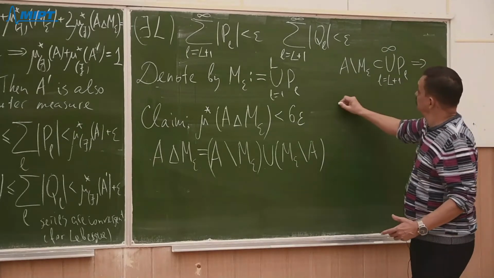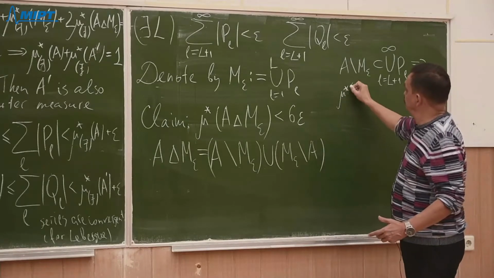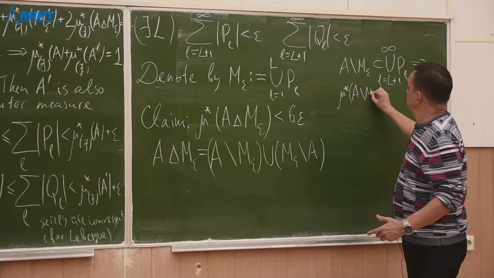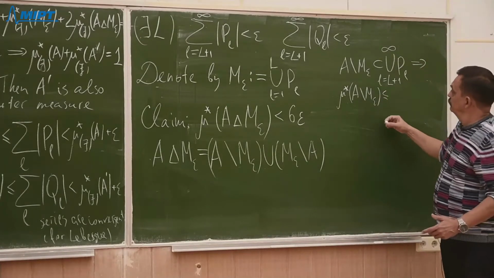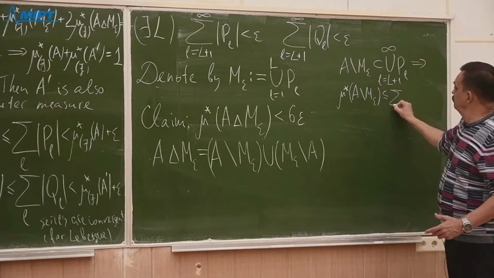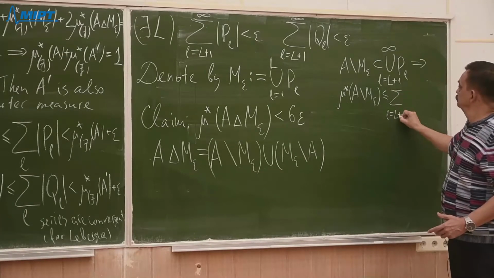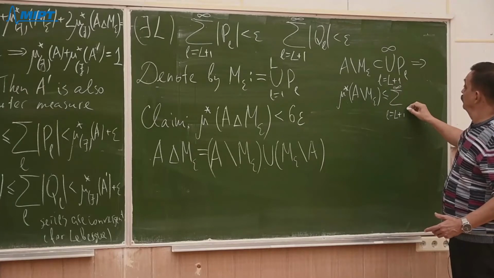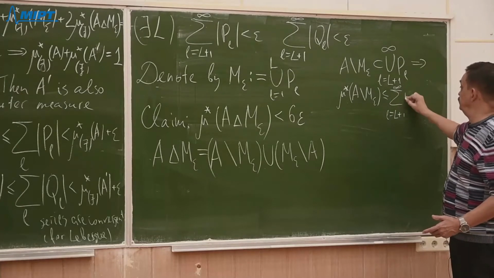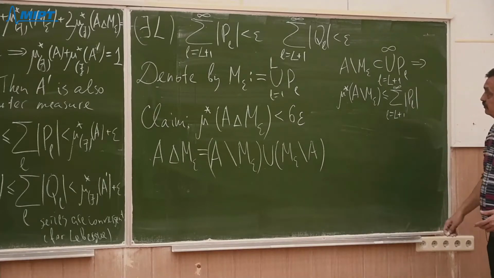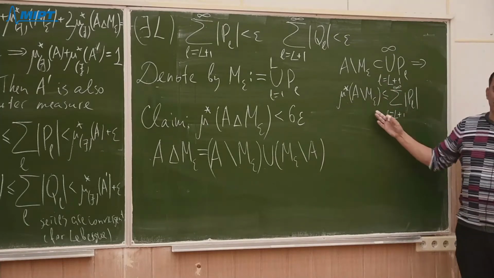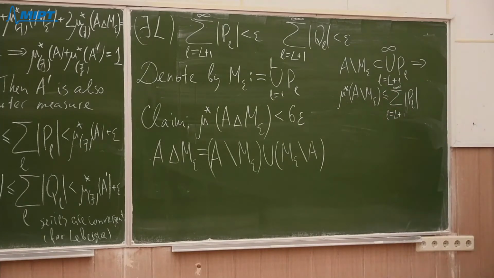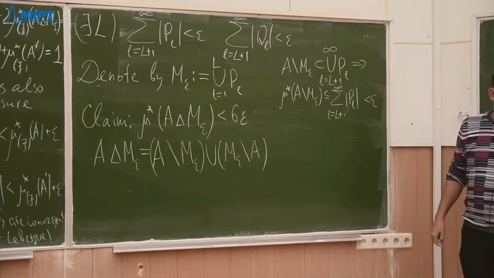Hence, the outer measure is less or equal than the sum of outer measures, and outer measures here coincide with this. In fact, here I could refer to the definition of the Lebesgue outer measure. It's important. And that is less than x, right?